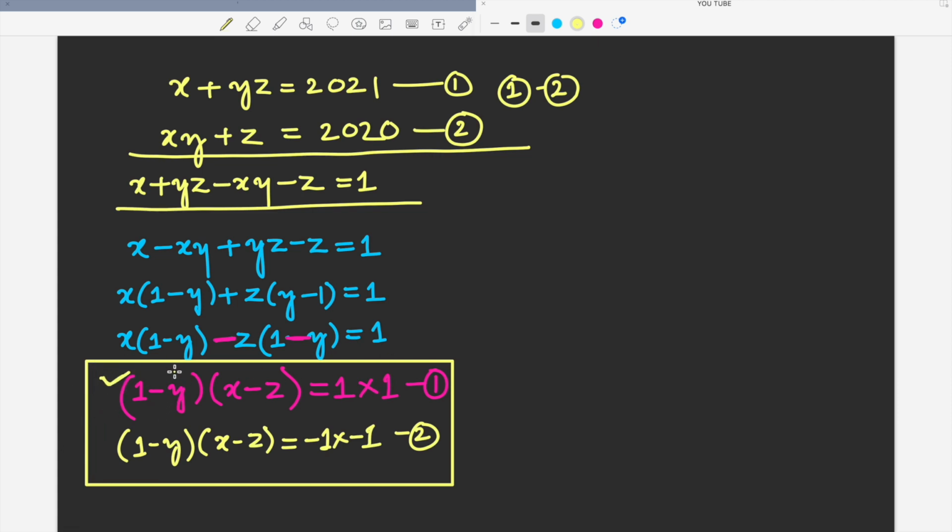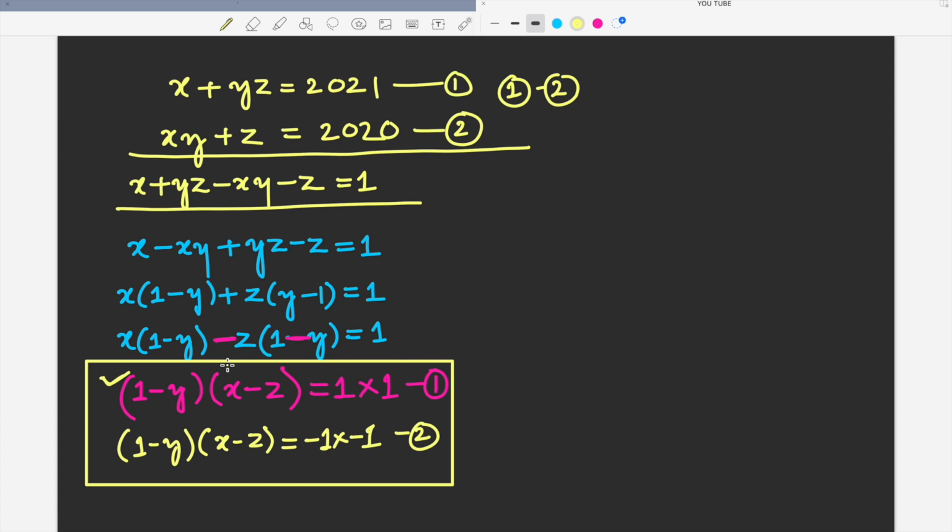So here 1 minus y times x minus z equals 1 times 1. That means the first term of the equation equals 1 and the second term of the equation is also 1.